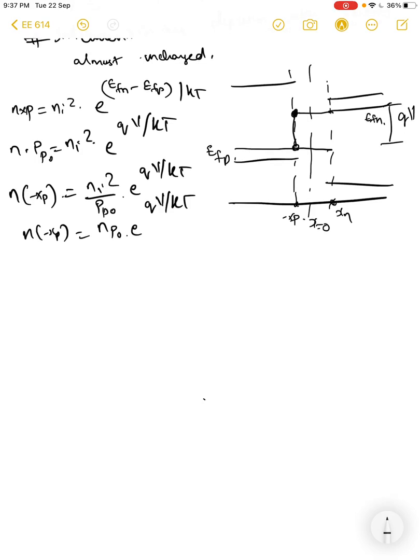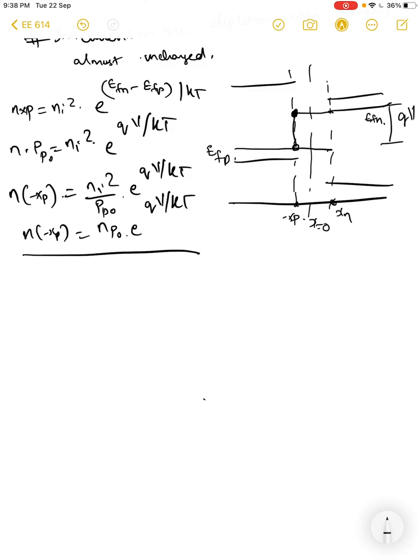So basically this expression says that the carrier density at the edge of the depletion width in p is exponentially related to the applied potential and is a product of the equilibrium concentration multiplied by this exponential, right?